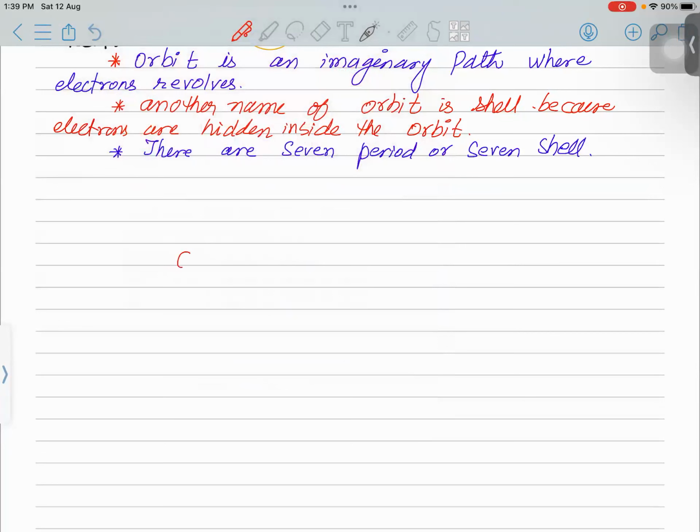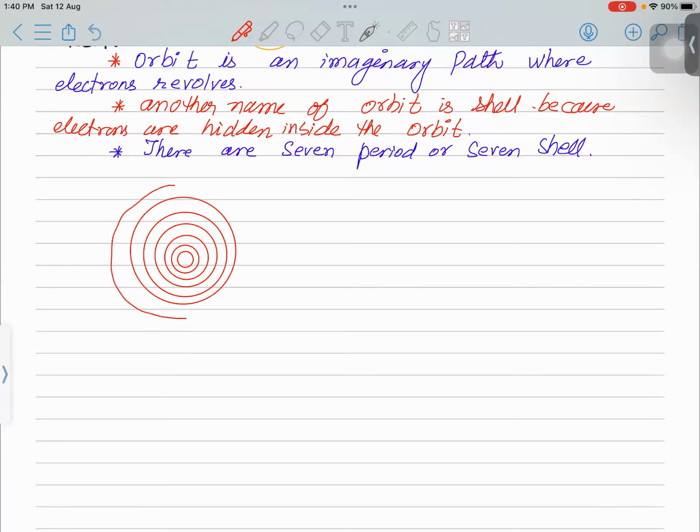This is shell number 1, shell number 2, shell number 3, shell number 4, shell number 5, shell number 6, and the last one is 7.